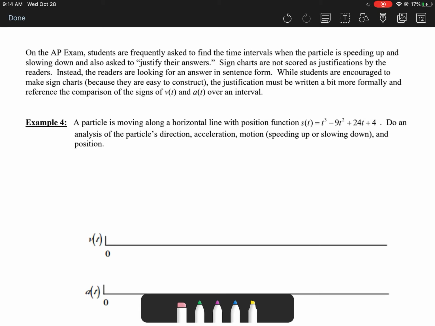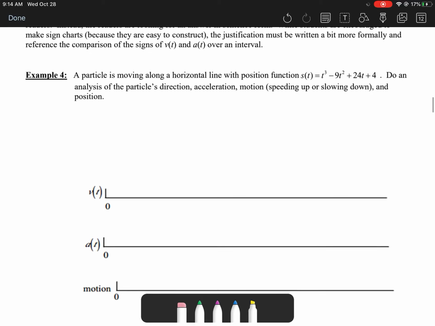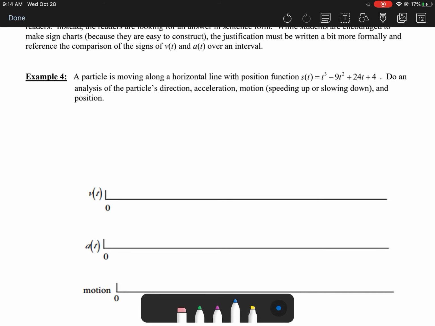So a particle is moving along a horizontal line with position function s of t equals t cubed minus 9t squared plus 24t plus 4. Do an analysis of the particle's direction, acceleration, motion, and position. Okay, so first thing I'm going to do is velocity. Well, in order to figure that out, the first thing I have to do is find my velocity function.